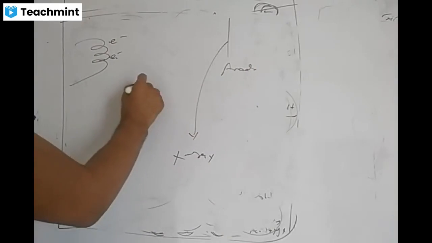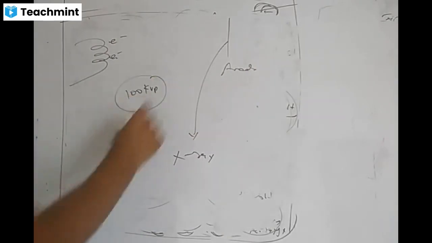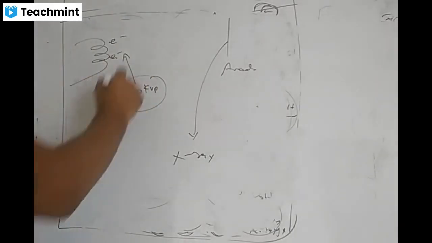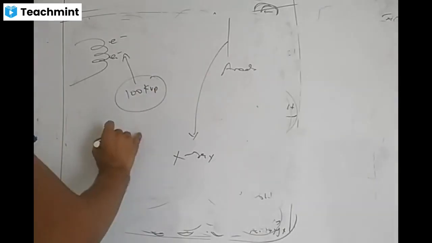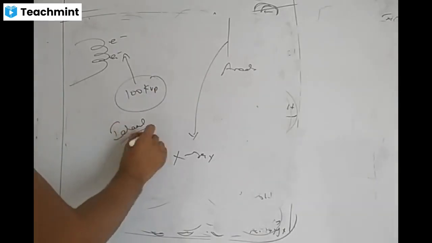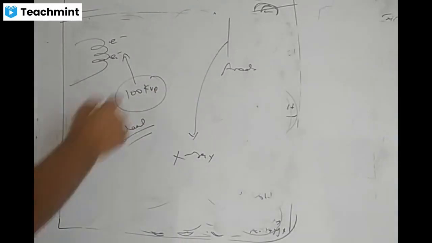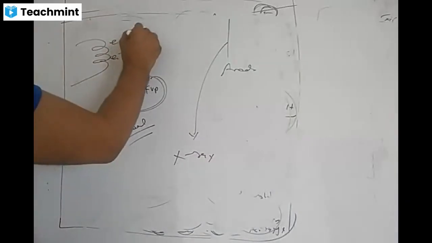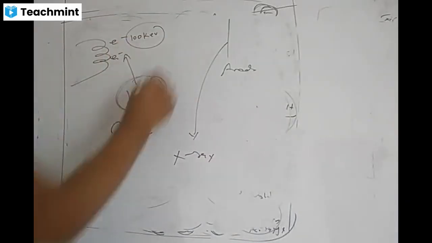Suppose we gave 100 kVp, and in an ideal condition the electron gains all the energy and converts it into 100 kilo electron volt.